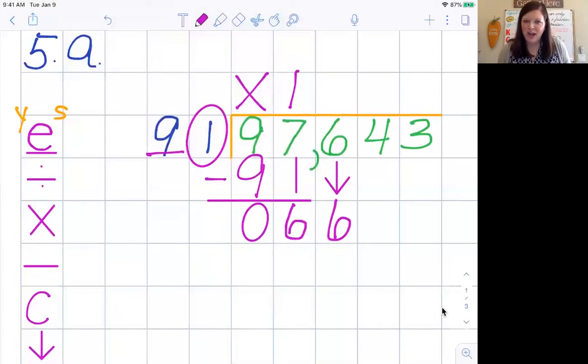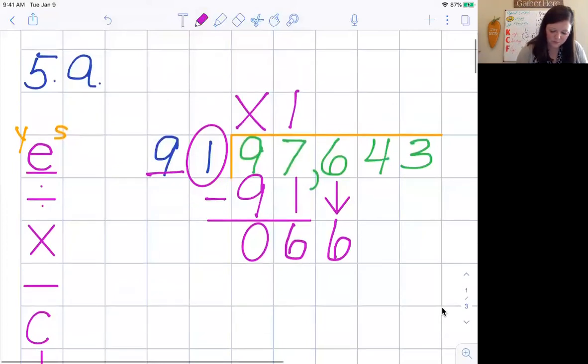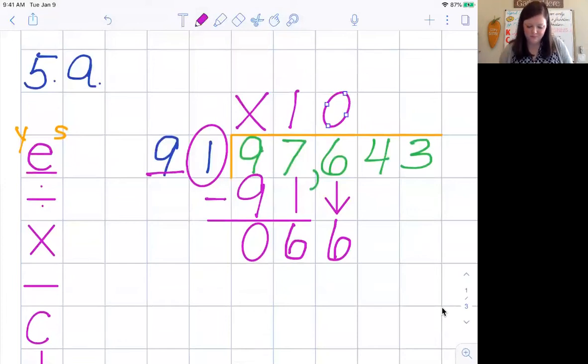Go back to your 9. 9 can go into 66. How many times? Now remember, just like I'm not using the entire 91, I'm not using the entire 66 either. 9 goes into 6. How many times? 0. Put a 0 on top.